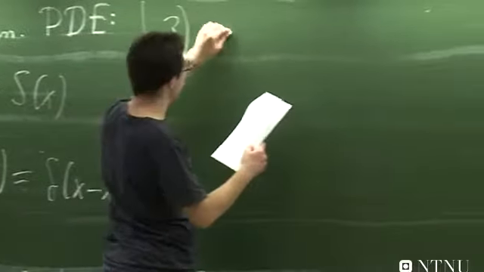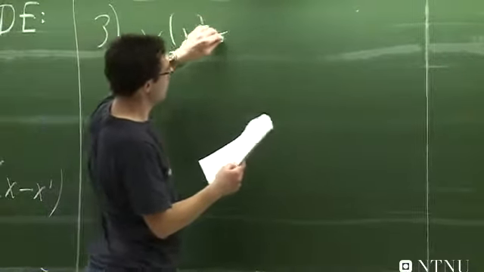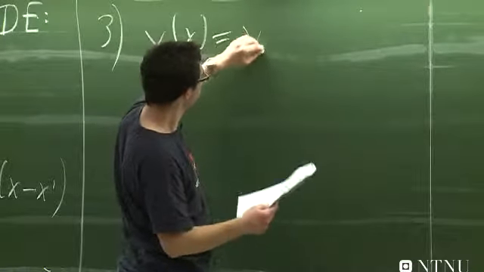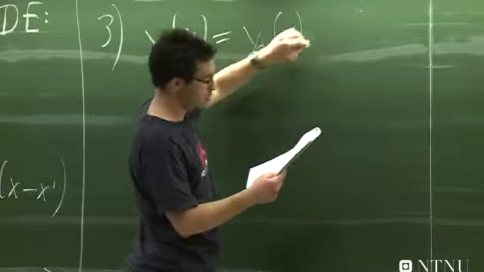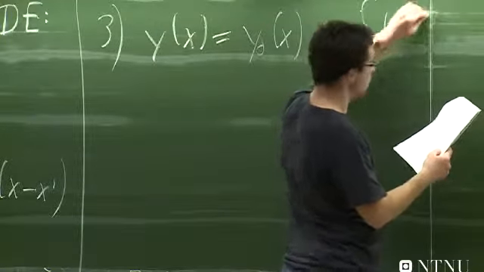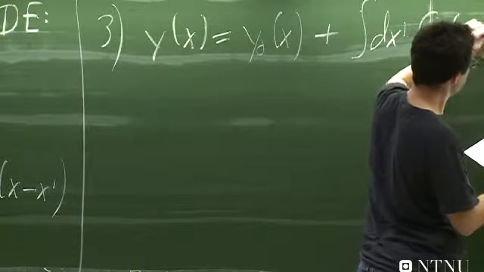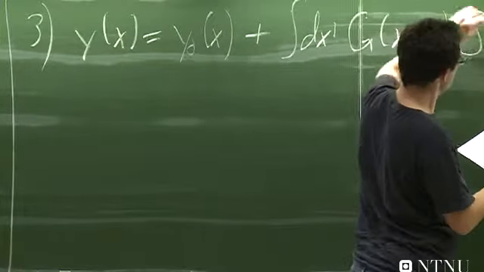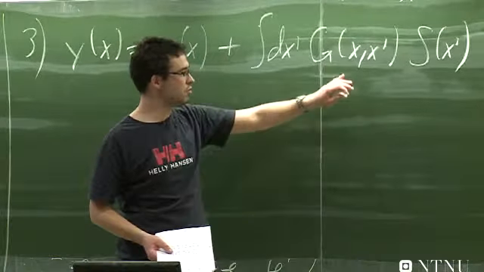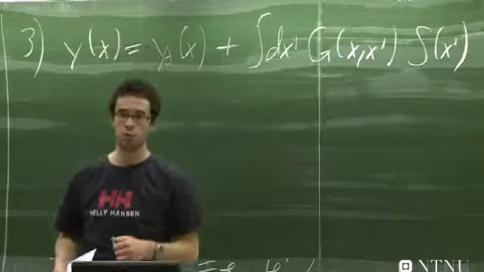So y of x is any homogeneous solution, which the Green's function doesn't help us find, plus the integral over the sources dx prime g of x, x prime s of x prime, meaning that the only difficulty left is finding the Green's function, and we know the solution to the equation.